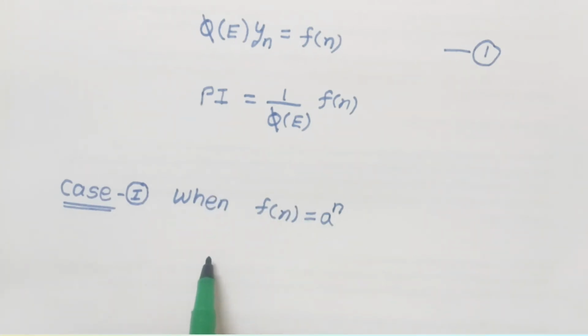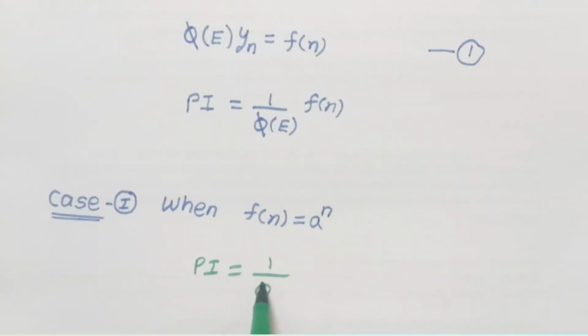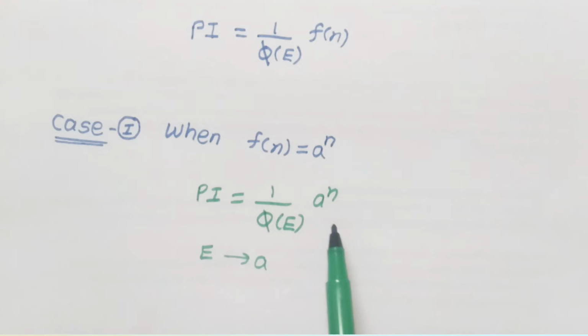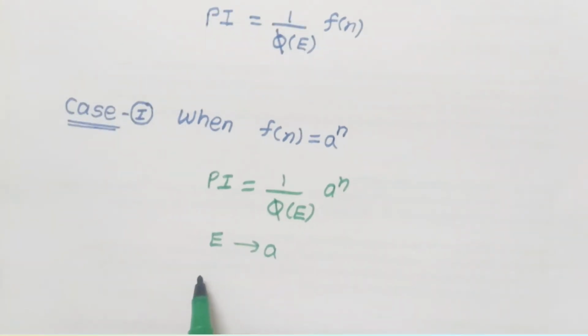So PI equals 1 upon phi(E) into a^n. In this case, we just replace E by a. If the function is in the form of a constant raised to power n, then we have to replace E by a. If we replace E by a, then we get PI equals 1 upon phi(a) into a^n.